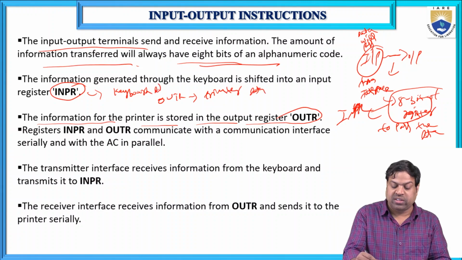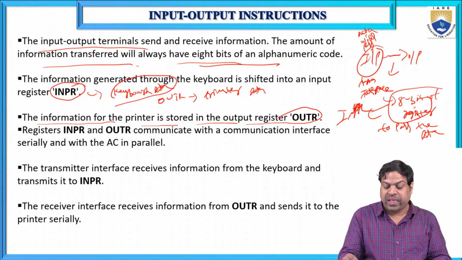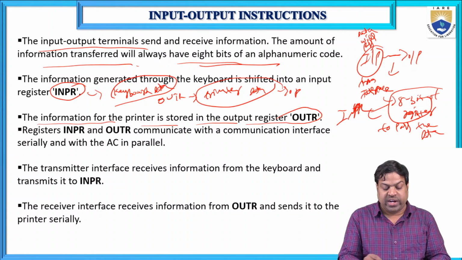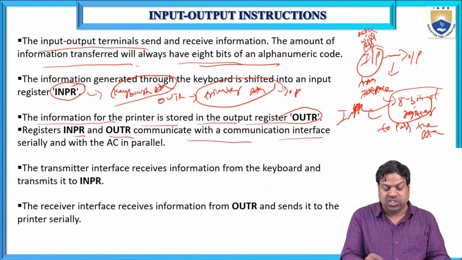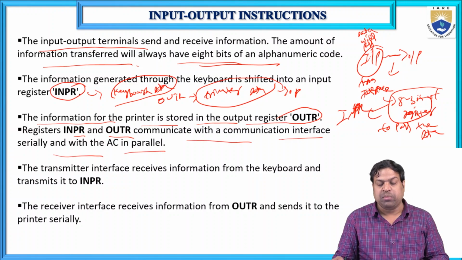Keyboard data goes through the INPR and the printer data at the output side through the OUTR, and the registers INPR and OUTR communicate with a communication interfacing serially and with the accumulator in parallel.